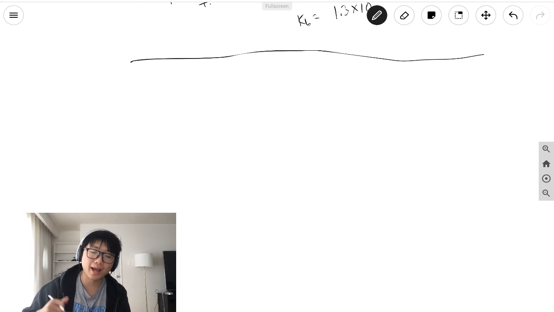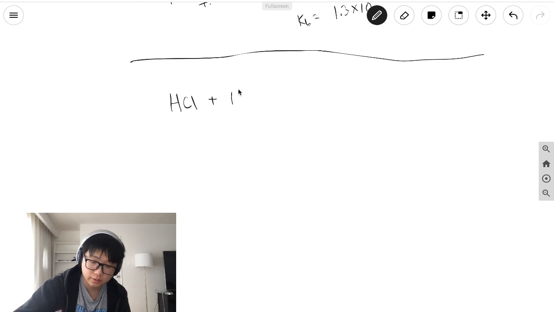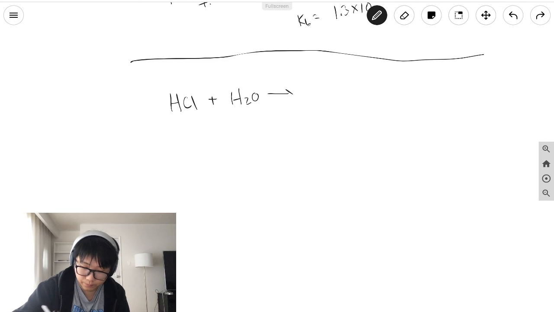When we have strong acids and strong bases, and you know what they are, right? You've got the 7 strong acids and the strong bases, which you can memorize. This is a single arrow to the right, but I'm just drawing an equilibrium.